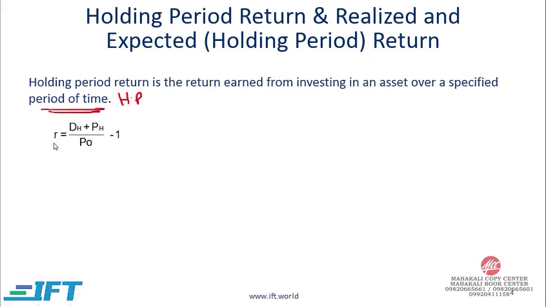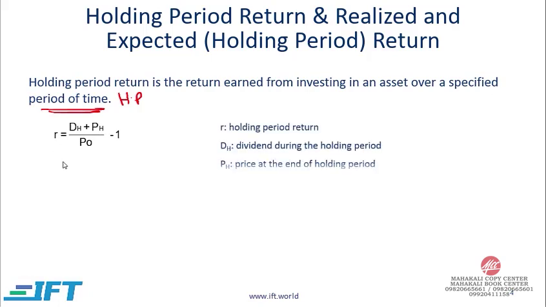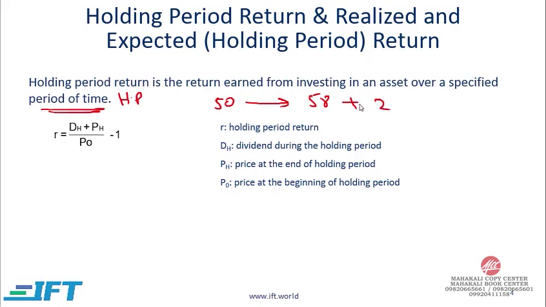The formula for the holding period return is quite straightforward. I will explain this through an example. Let's say that you buy a stock for $50, and at the end of the holding period, the stock price is 58, plus you receive a dividend of 2.